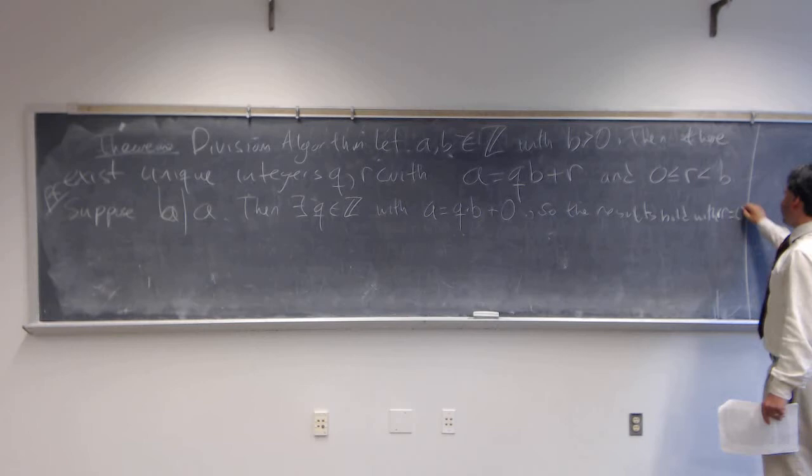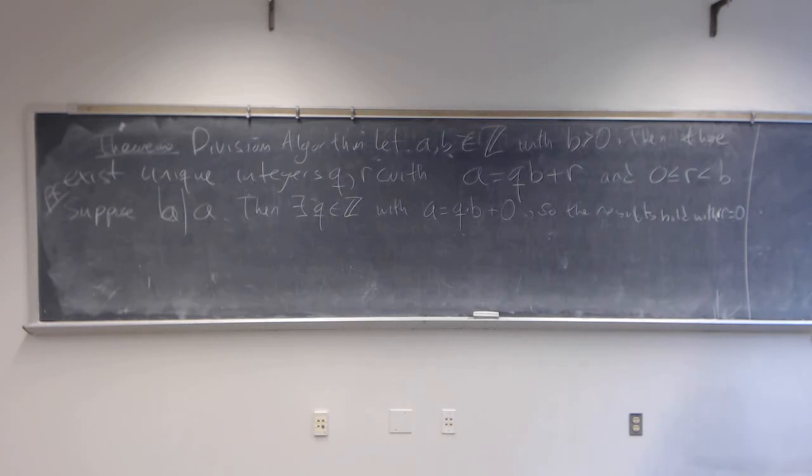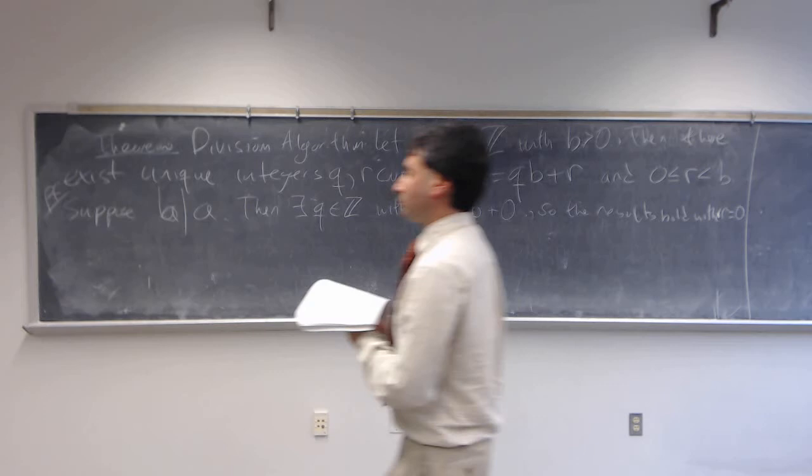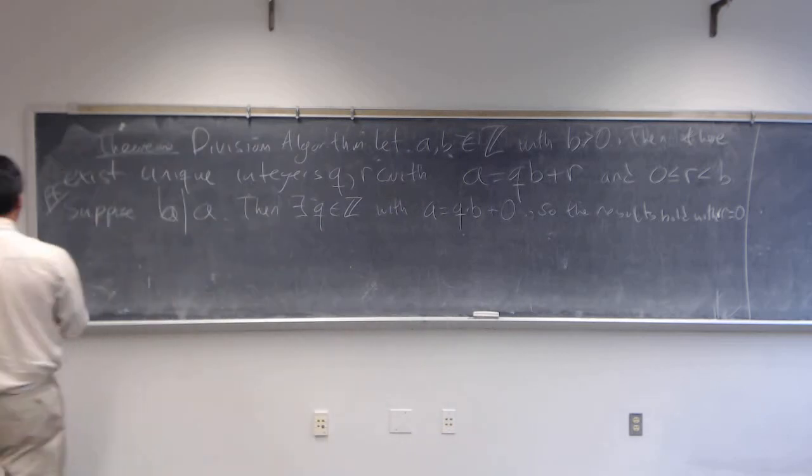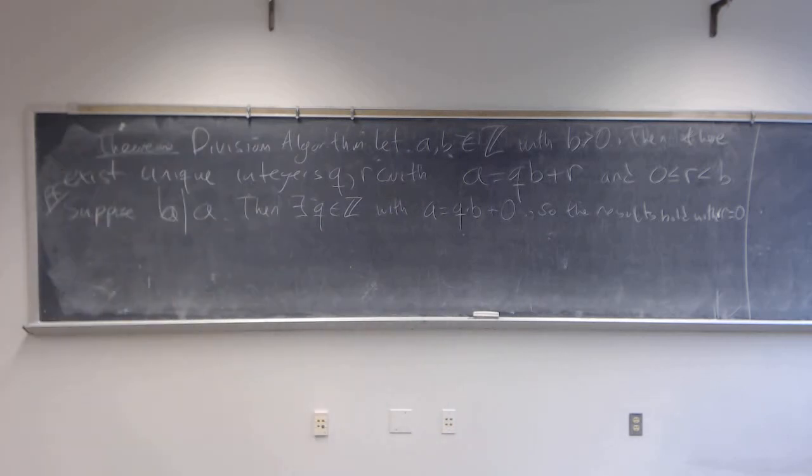Where q is given by the fact that b divides a, guaranteeing the existence of such a q, and then the r would just be 0. Okay, so we've handled that case.